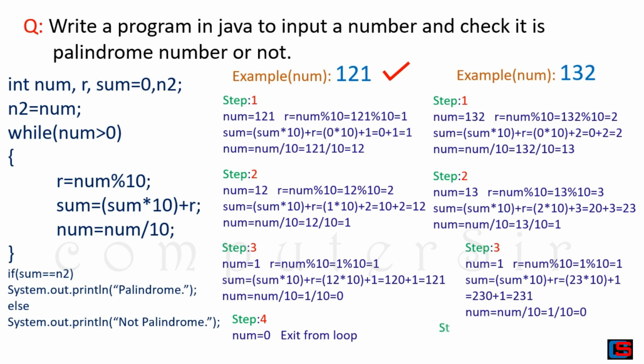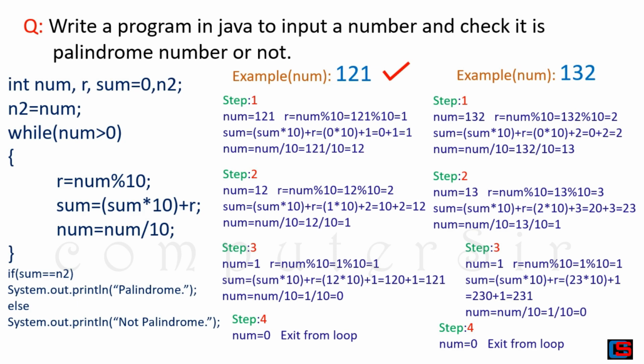So in step 4, as the value of num becomes 0, the condition of the while loop is not satisfied, so it exits from the loop, and control goes to the if statement. Now the last value of sum, from step 3, is 231, and the value entered by the user is 132, which is also copied to the variable n2.